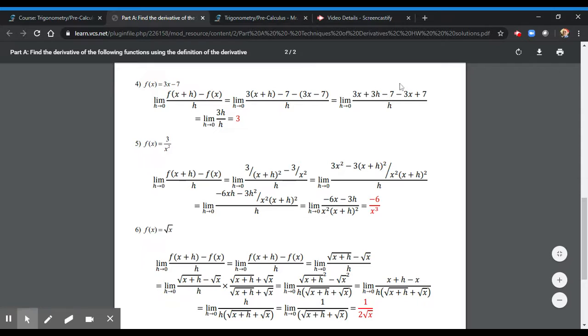Well, the 3x's are going to end up canceling out, and the 7's cancel out. I'm left with 3h over h, and the h's cancel out, and I'm just left with the constant 3.